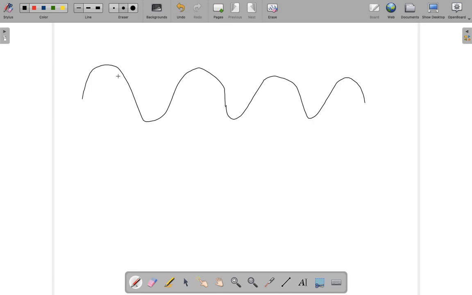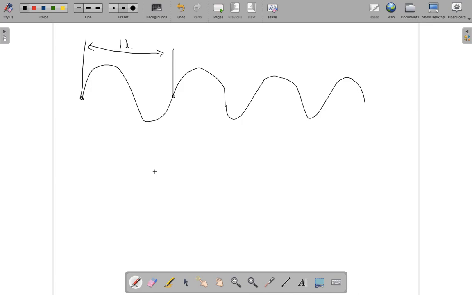If I have a wave like this, we know that this is one wavelength, the distance from here to here. That is a wavelength.